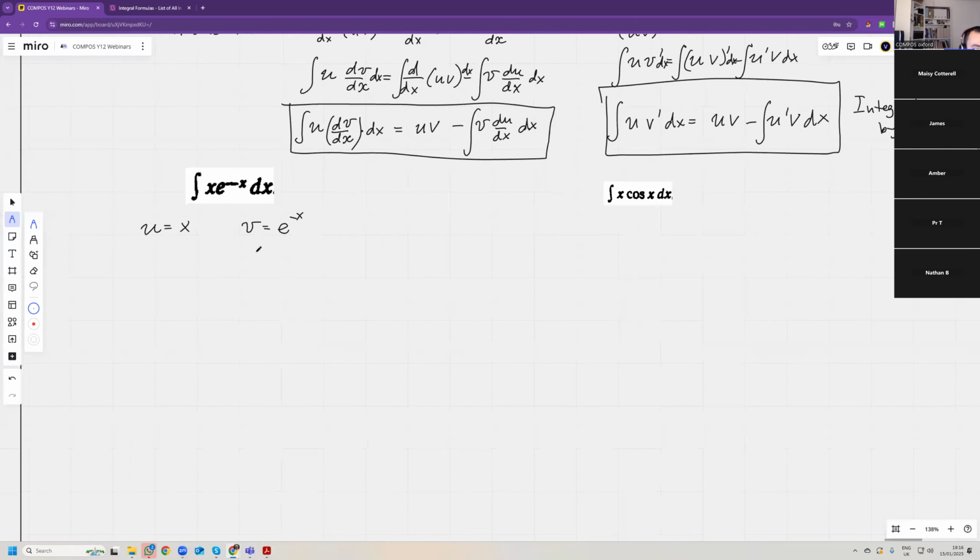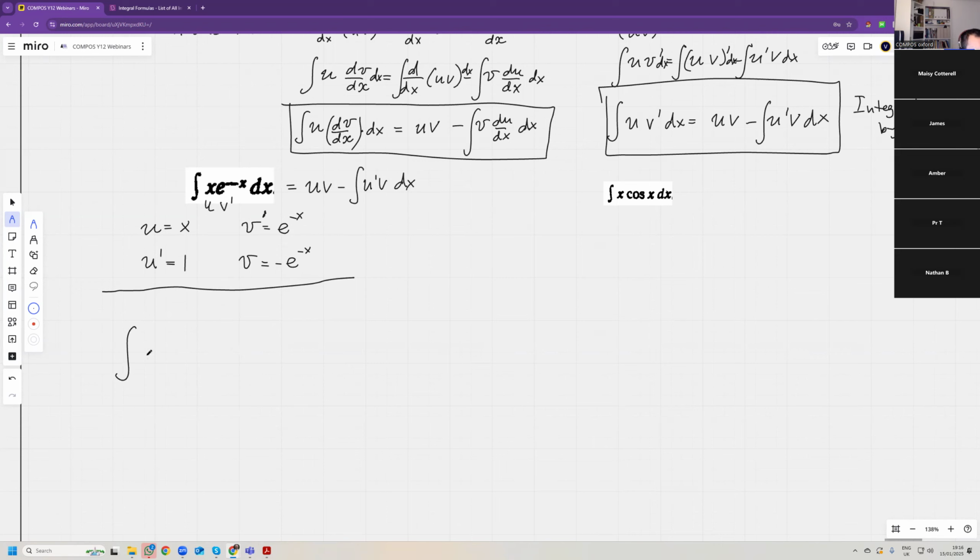That means u dash is 1, and v, we kind of do the opposite of differentiation, so we integrate v dash. So that's minus e to the power minus x. Okay. So this is u, this is v dash, and this should be equal to uv minus the integral of u dash v dx.